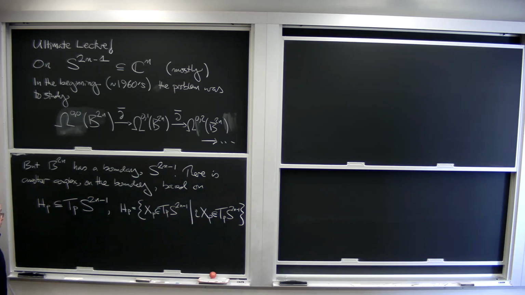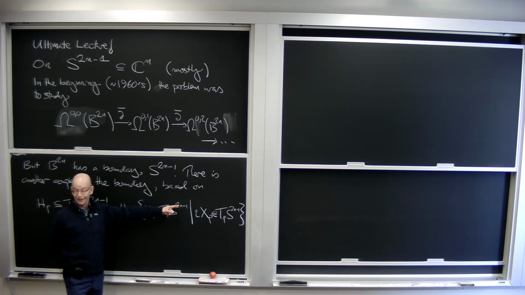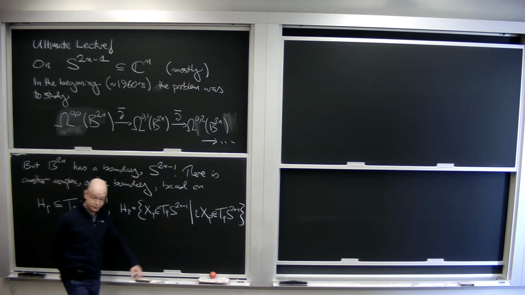And when you multiply by i, when you rotate, so to speak, by 90 degrees, some vectors will rotate out of this space, which is tangent to the sphere, and become normal to the sphere. And so that's what we're eliminating by making this definition.